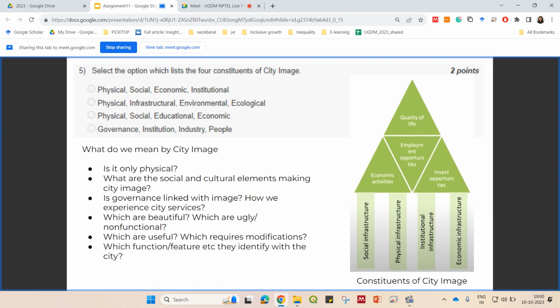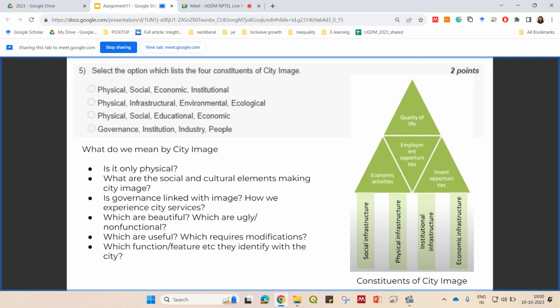There are several things linked to how you experience the services, and based on that also you can identify your city's image. Which components of your city are beautiful, which are ugly, and which are non-functional, they define your city's image. So these are several different questions which you can ask yourself to identify the image of your city.